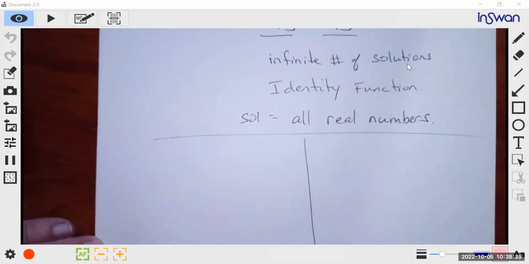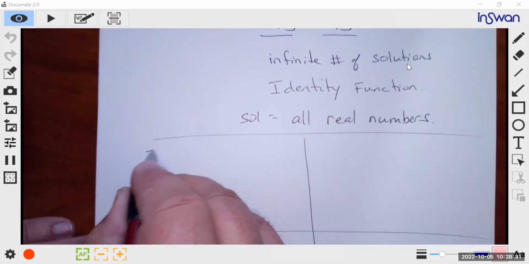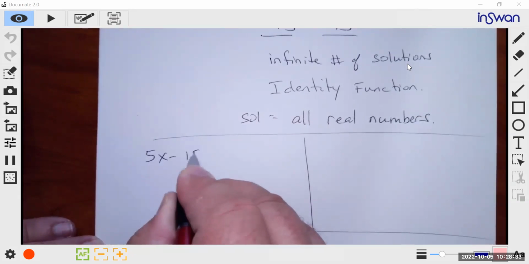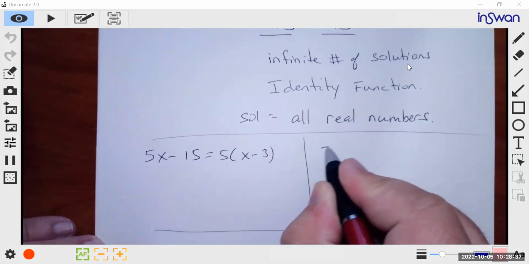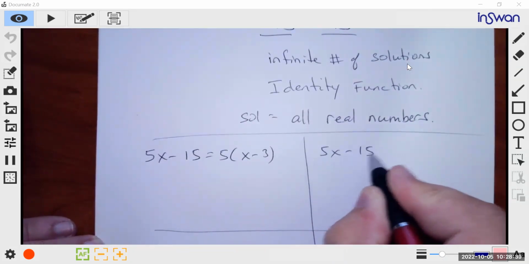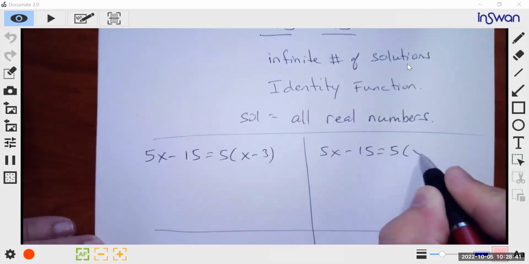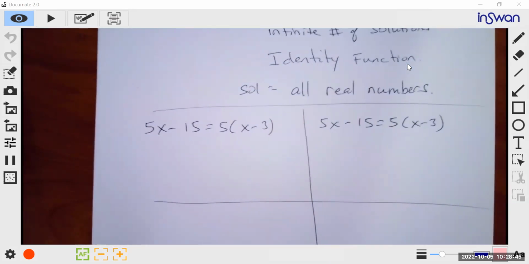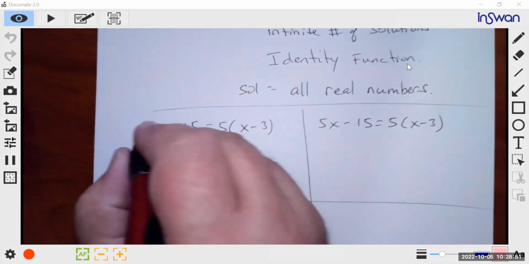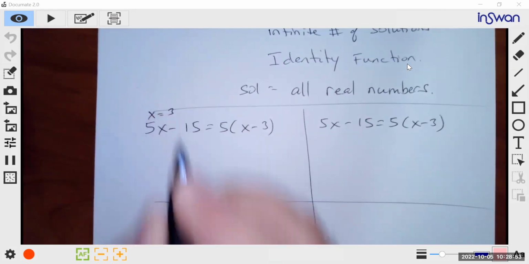Let's do a couple of them, so we have 5x minus 15 equals 5x minus 3. Give me a number for x. Let's say x equals 3.